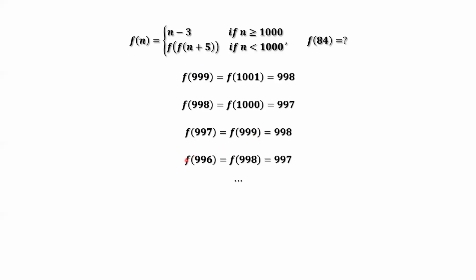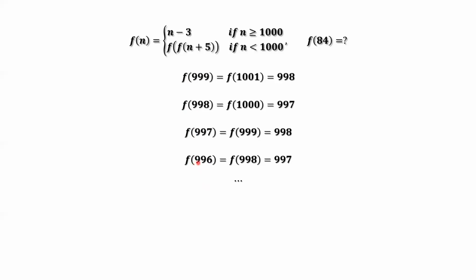This means this function value equals this function value. This function value equals this function value. The cycle of this function is 2. Every 2 come back, right? Come back. So here it's easy to guess the next function value.